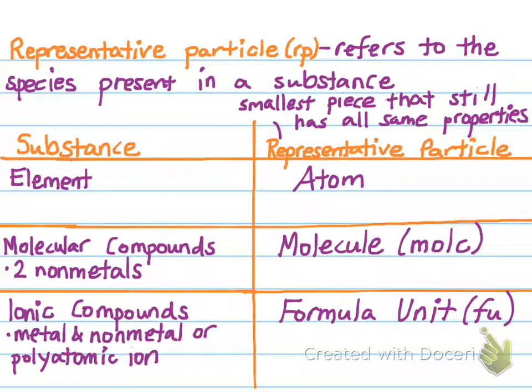Okay, so representative particle, we're talking about that smallest piece. Our smallest piece of an element is an atom. Our smallest piece of a molecular compound is a molecule. Our smallest piece of an ionic compound is a formula unit.